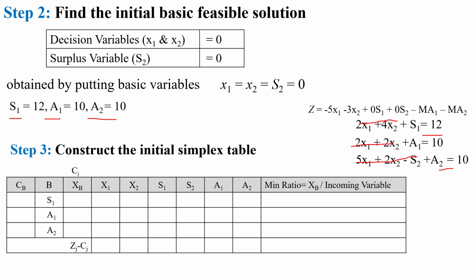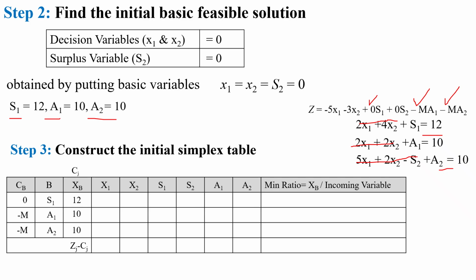For S1 the cost coefficient is 0, for A1 the cost coefficient is minus M, and for A2 the cost coefficient is minus M. So write down 0, minus M, minus M in the CB column. Next, XB represents the initial basic feasible solution, that is S1 is 12, A1 equal to 10, A2 equal to 10.